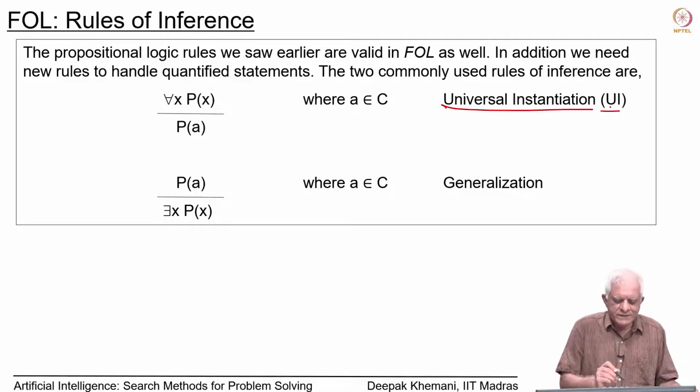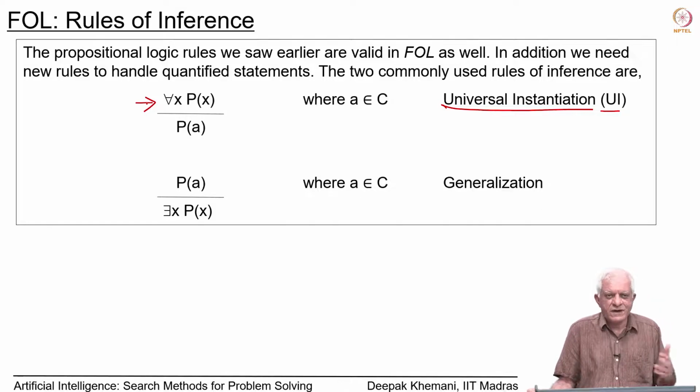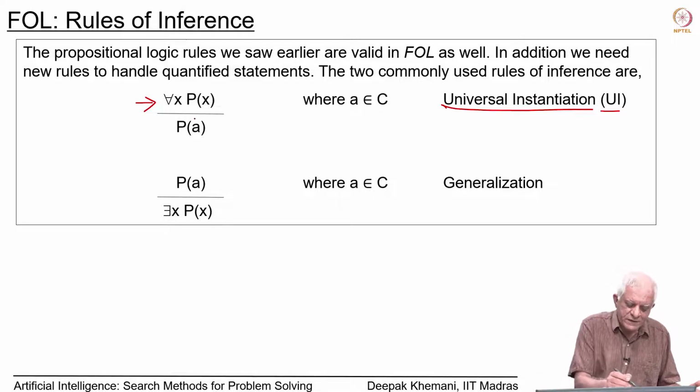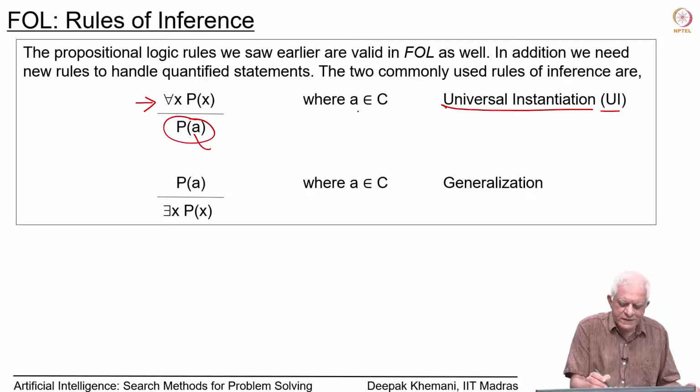And what this says is that if you are given a sentence which says that for all x P x is true, then you can infer the sentence that P A is true, where A is a constant here.